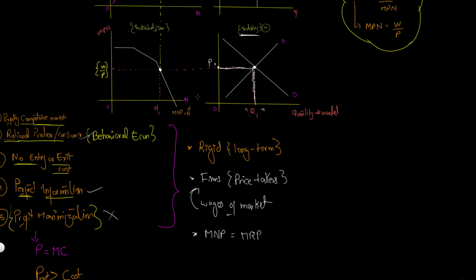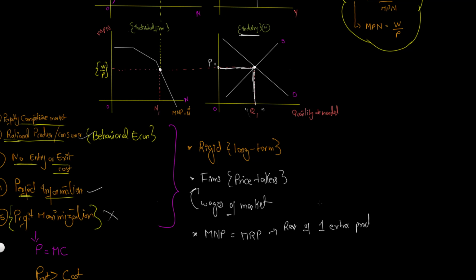What is marginal revenue product? Marginal revenue product is essentially the revenue of one extra product. So as you hire more and more labor, what's going to happen to the revenue earned?